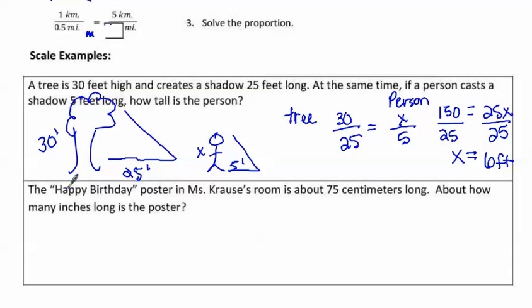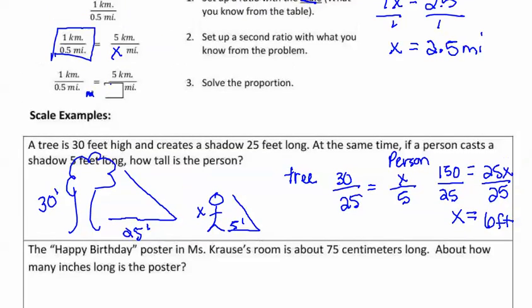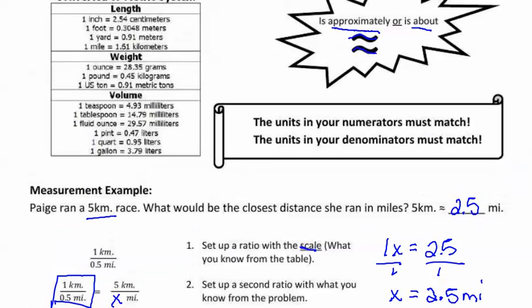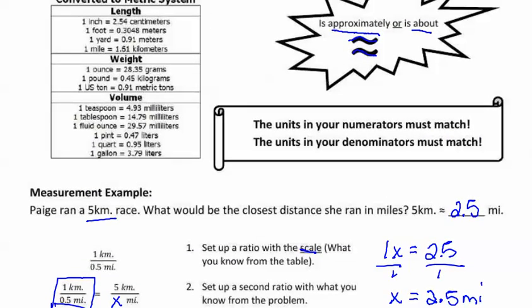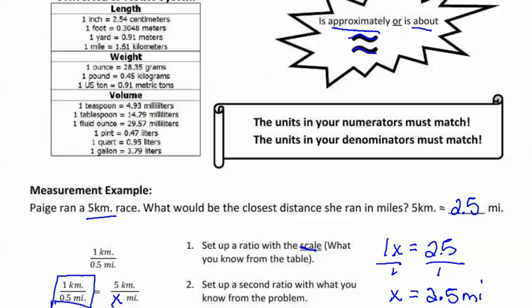The happy birthday poster in Mrs. Cross's room is about 75 centimeters long. About how many inches long is the poster? If I look at the conversions at the top of the page, 1 inch is equal to 2.54 centimeters.